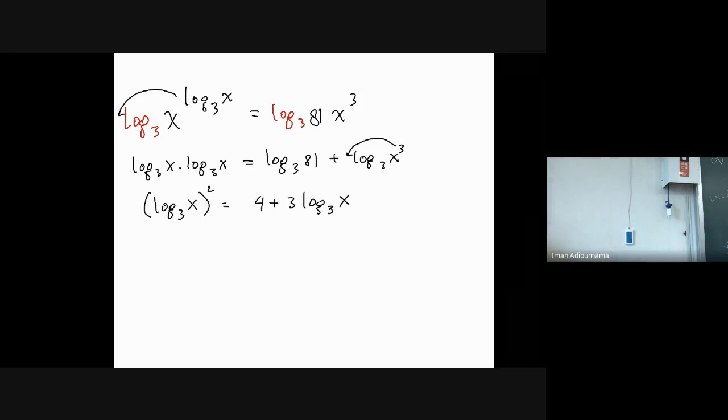If any log is intimidating for you, if it makes you confused, change this log base 3 x to a, b, any variable you want. You want to change it to a, which gives a squared.